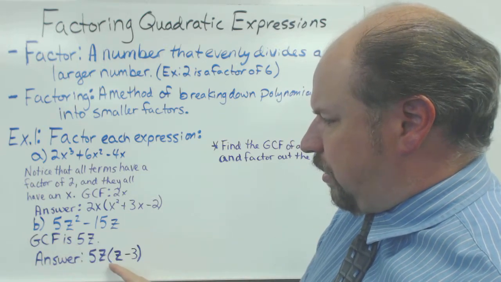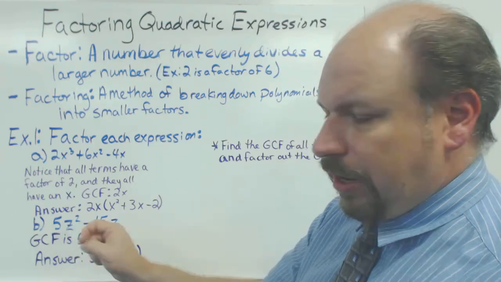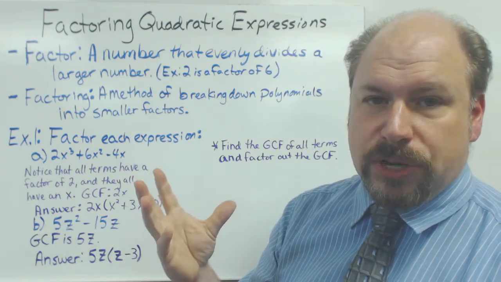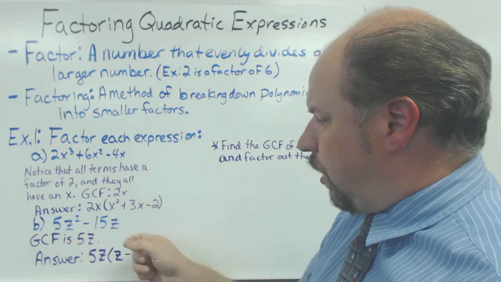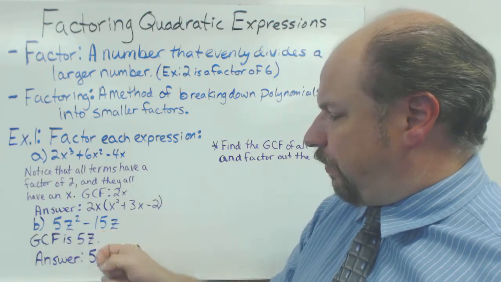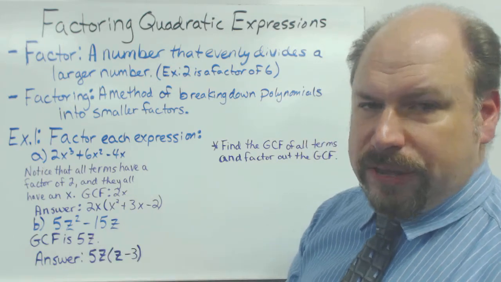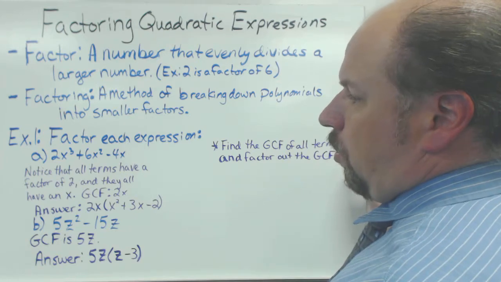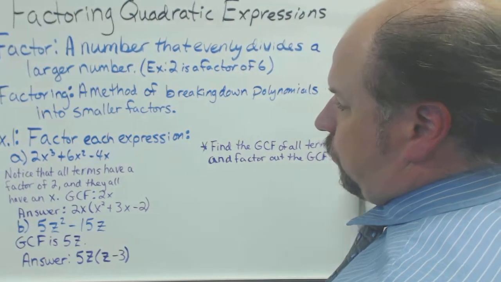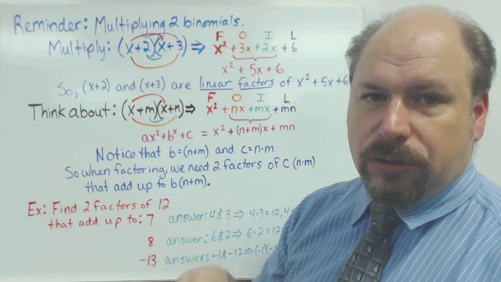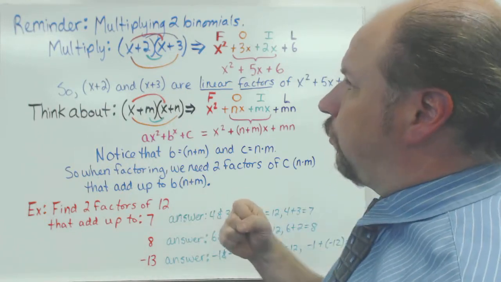So 5z times, we take 5z out of this one. 5z squared divided by 5z leaves us with just z left over. And if we factor out 5z from this one, negative 15z divided by 5z is just negative 3. Okay, so if it says find the greatest common factor and factor that out, that's what you're going to do.